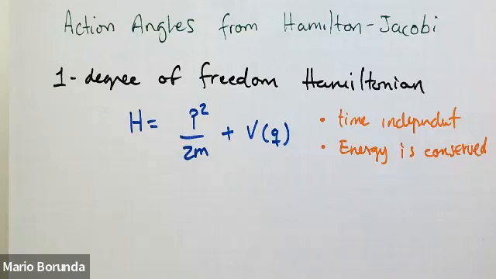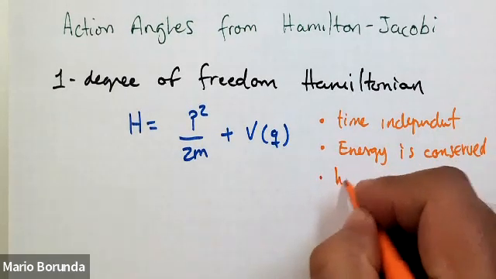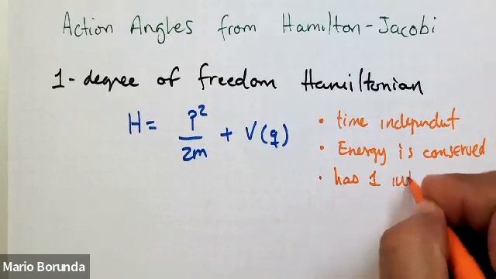And what is it that we get with the Hamilton-Jacobi method? We don't have to do two differential equations, right? We have to do one differential equation and set up one integration constant. So this is 1 degree of freedom, so it has one integration constant.